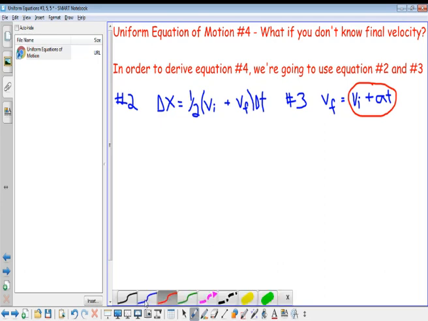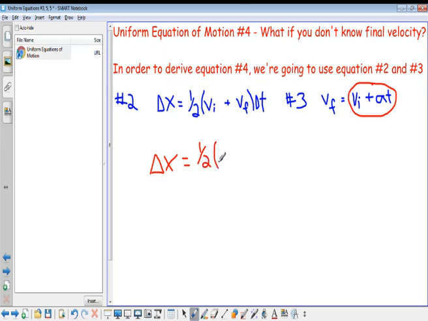So I will say my change in displacement equals 1/2 times (VI plus VI plus AT) all times time again.